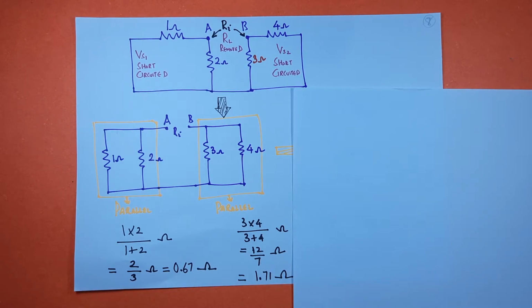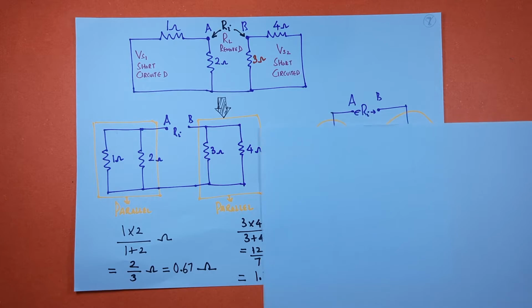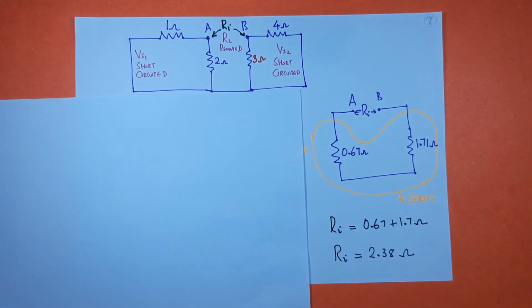So 1 into 2 divided by 1 plus 2 ohm equal to 2 by 3 ohm. If you calculate, it is 0.67 ohm. Likewise these two are in parallel. 3 into 4 divided by 3 plus 4 ohm equal to 12 by 7 ohm, which is nothing but 1.7 ohm. So the next step is going to be like this.